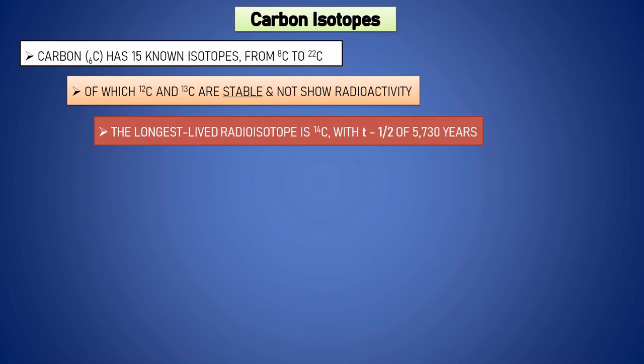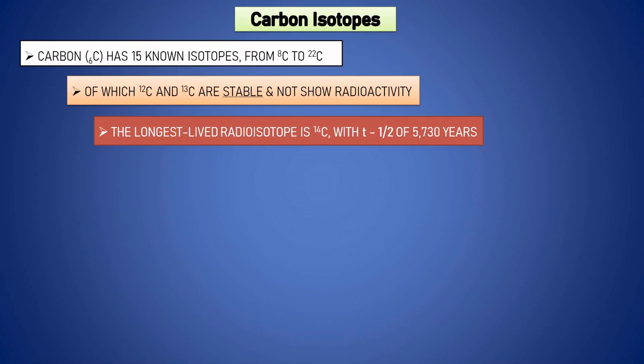The longest lived radioactive isotope is C14. C14 is not a stable isotope. It has the longest life and exhibits radioactivity, and the half-life of C14 is 5730 years. These are the three natural isotopes.